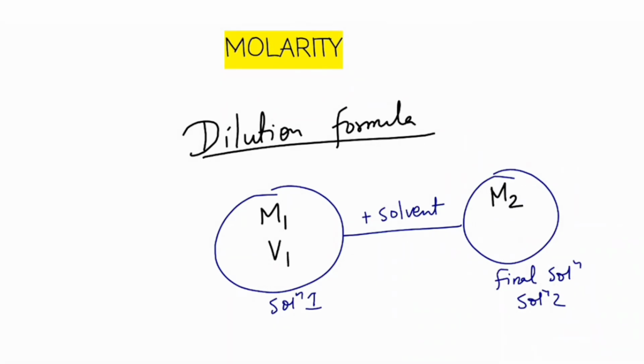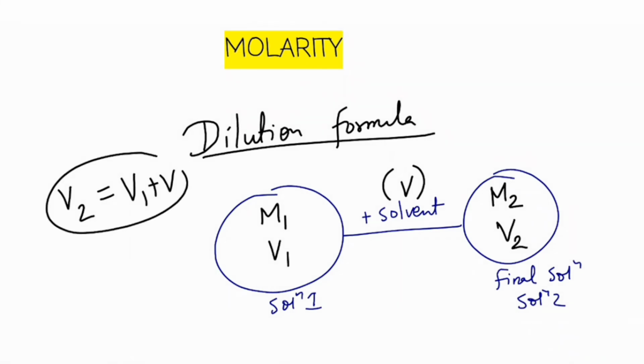M2 is the molarity of the final solution and V2 is the volume of the final solution. Let us assume that the volume of solvent is V. Now we can see that the final volume V2 is equal to the initial volume of solution plus the volume of solvent, so V1 plus V.